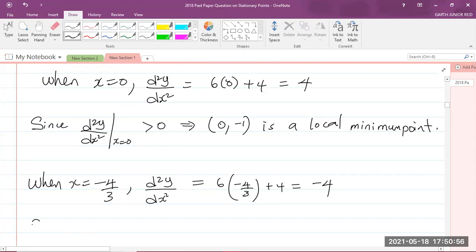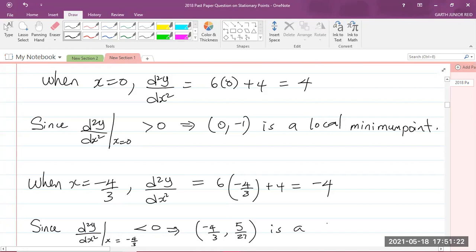So I can now say since d2y by dx squared at the point x is equal to negative 4/3 is negative, meaning it is less than 0, it implies that our stationary point, which is negative 4/3, 5/27, is a local, so you can use the term local or relative, maximum point.